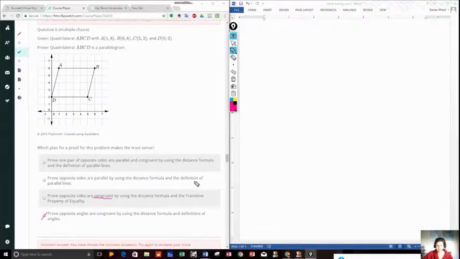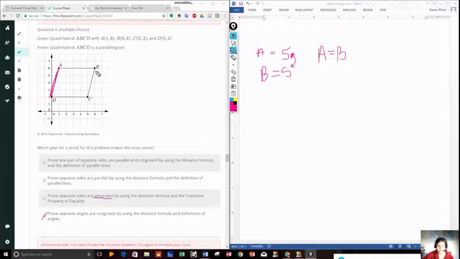The transitive property of equality is saying, like, if A is equal to 5 and B is equal to 5, then A is equal to B. It links these two together because they're both equal to 5. So if I want to prove that opposite sides are congruent or the same, then I would have to say these have the same distance.